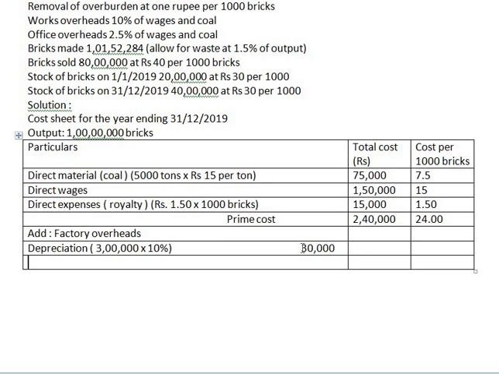So here we need to take removal of overburden. In bracket you can show the calculation. What they have told: removal of overburden 1 rupee per 1000 bricks.